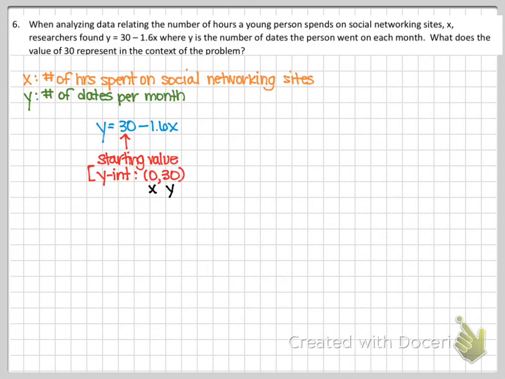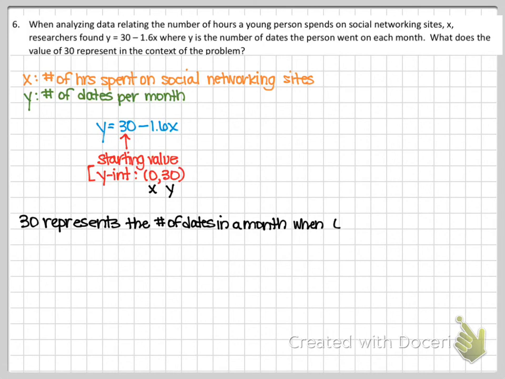All right, so 30 represents the y value, the number of dates per month, or number of dates in a month. When 0 hours are spent on social networking sites.